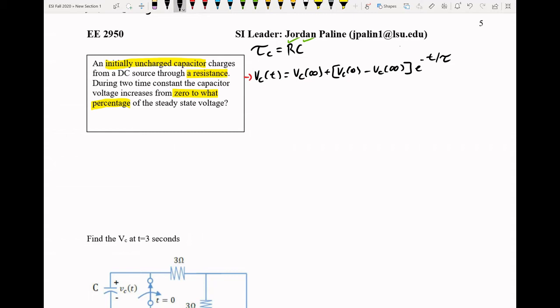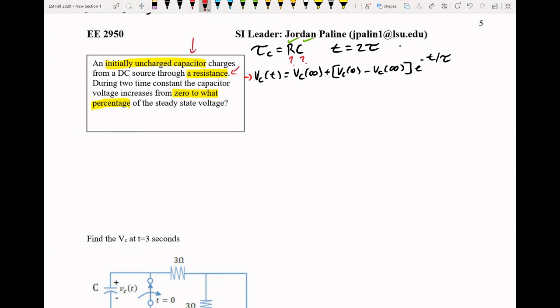So we know from the problem statement that time is equal to 2 time constants. But if we look at the equation, we don't actually have numerical values for the resistance or the capacitance. It just says that we have one of each.